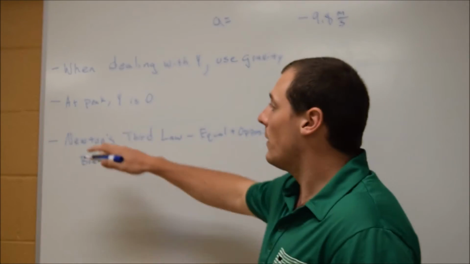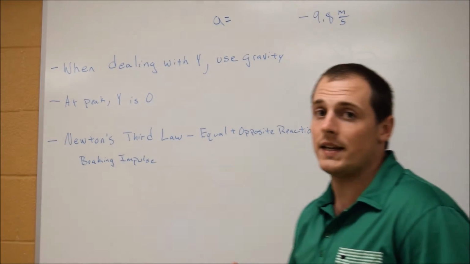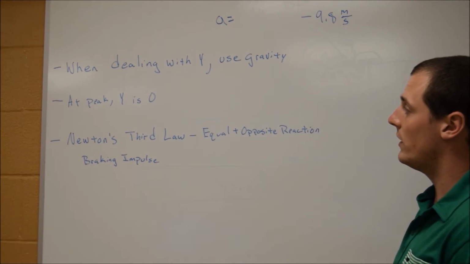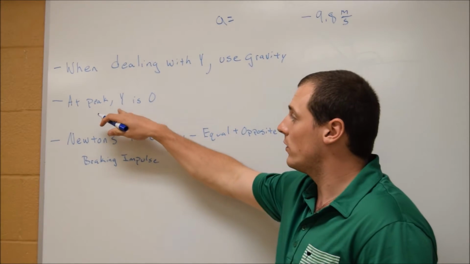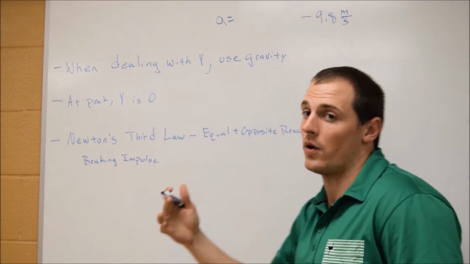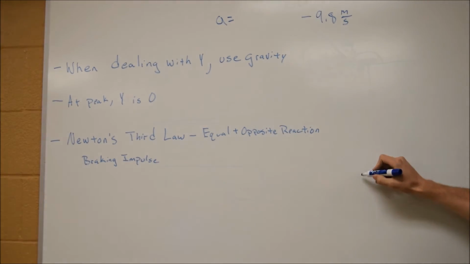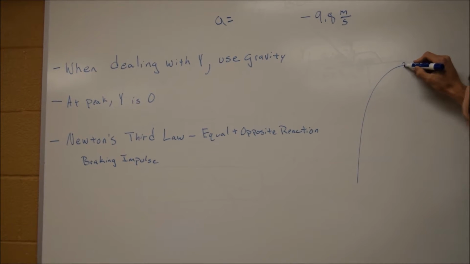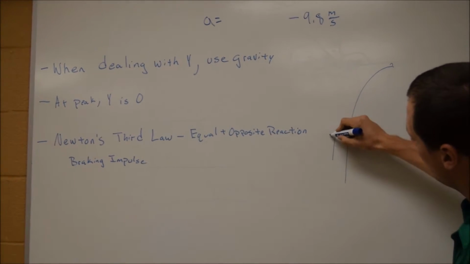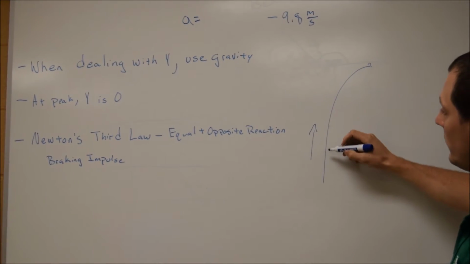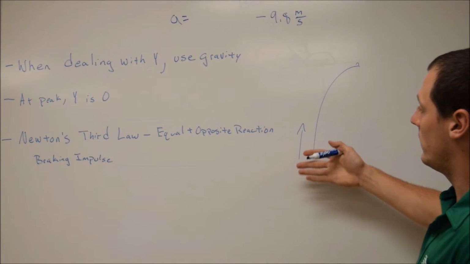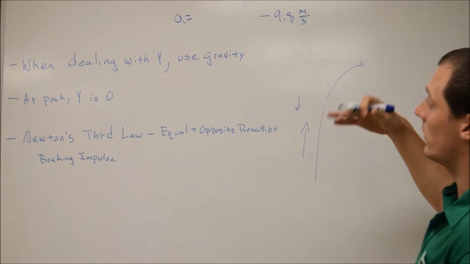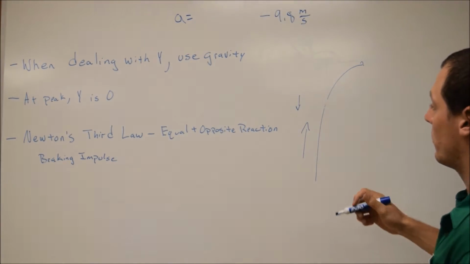Anytime also that we're dealing with any time to peak or from the peak to the final resting position, we can consider the Y value to be 0. And so if we look at some type of projectile motion, like this right here, we have some upward force that is carrying our object, and the entire time that the force is propelling upward, it's fighting against gravity, which we just spoke about as negative 9.8 meters per second.